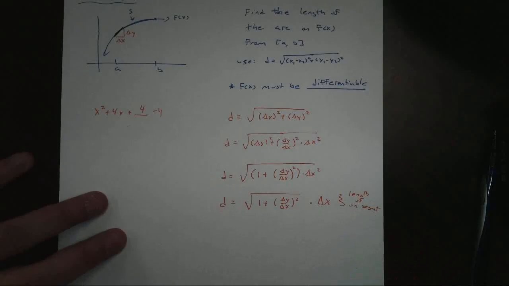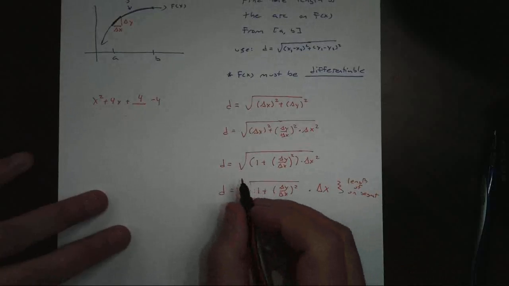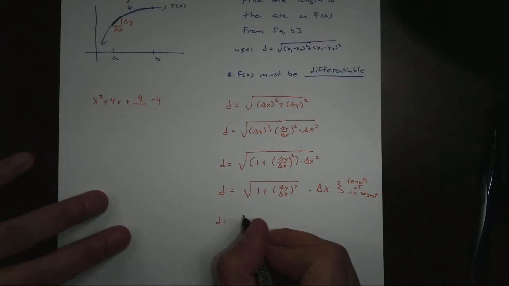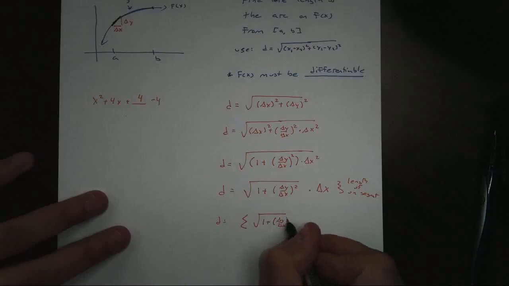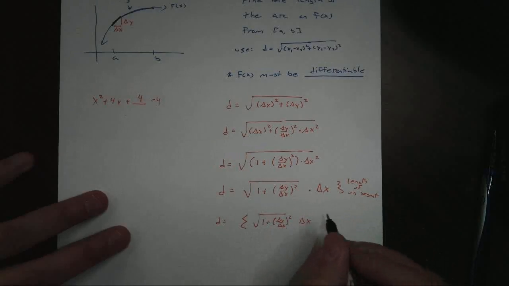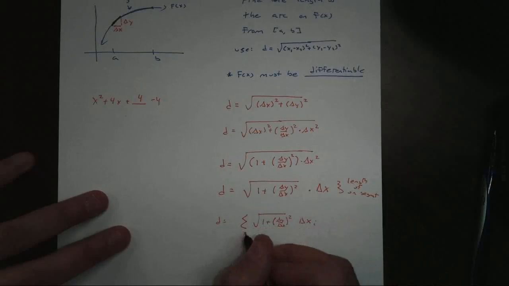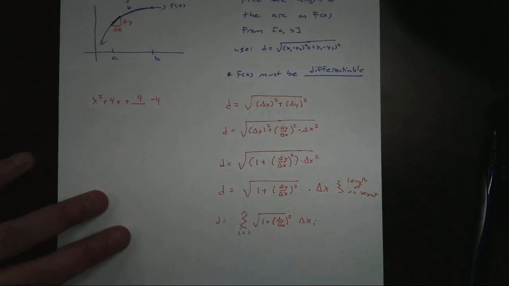Now, I want to get the length of all the segments. So to get the length, I'm going to take a summation of this: the square root of 1 plus delta y over delta x squared, times delta x. And if we put little sub i's on those, we're going to let i go from 1 to n.